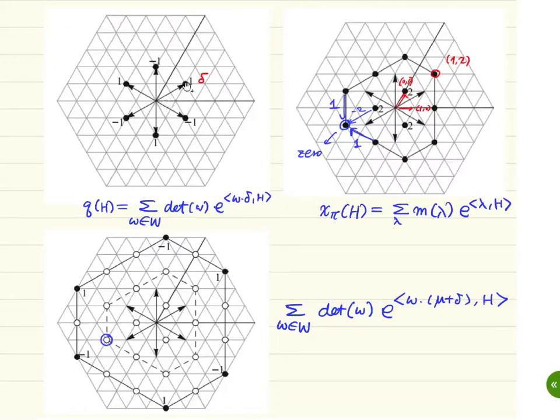So if you apply a Weyl group element to delta, then we get these 6 elements. So W dot delta will be one of these. And the sign is written like that. So here, double identity, so the sign is plus, and here the sign is minus and plus, minus, etc. Okay?